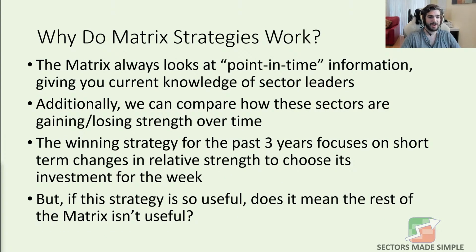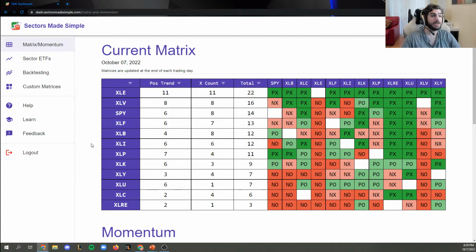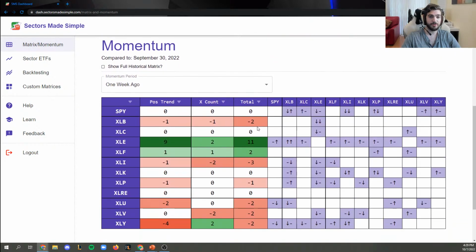So why does this strategy actually work? Because it looks at point-in-time information. When you go in to trade, you are using information up to date to yesterday's market close. We update the matrix every day after the market closes. So when you're looking at the matrix, you're looking at real current information. And that information is not just who is the leader right now. You can also look at who was the leader and how has that leadership changed.